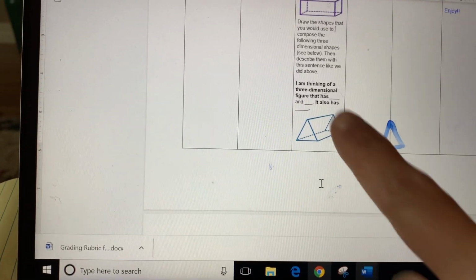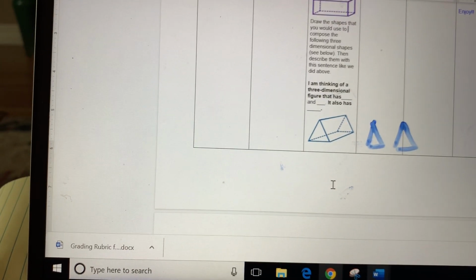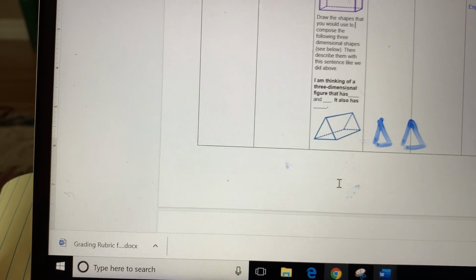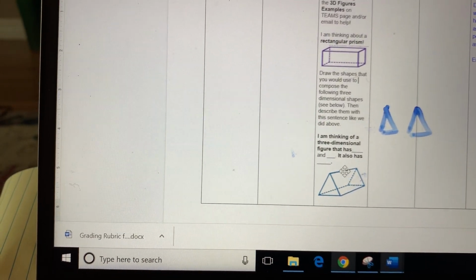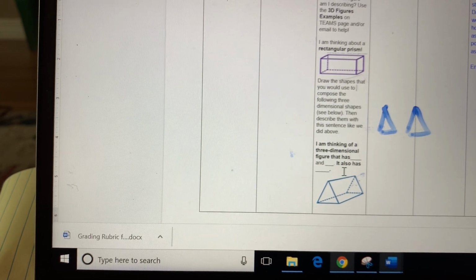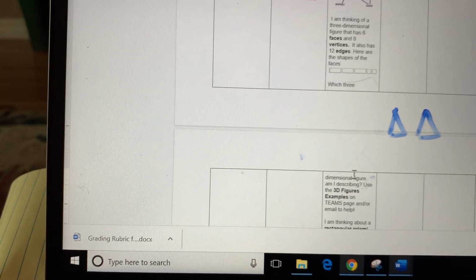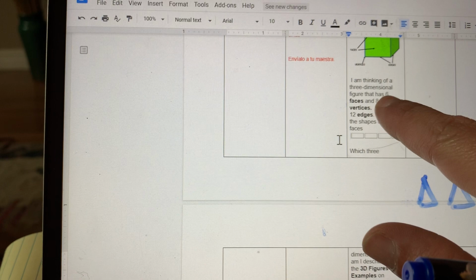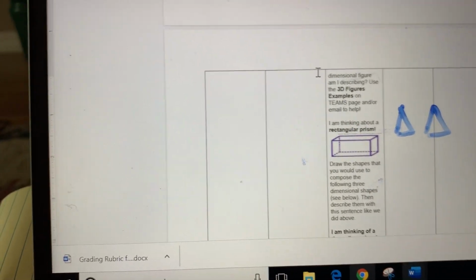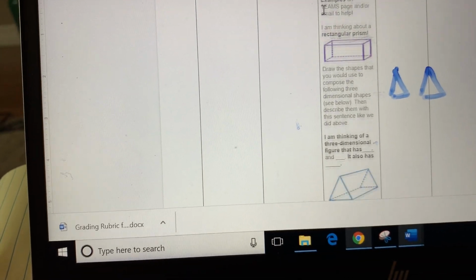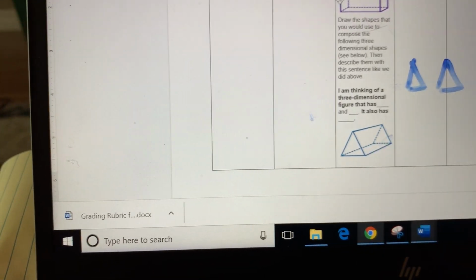Then I want you to finish with this sentence. I am thinking of a three-dimensional figure that has, do it like we did up at the top. It has 6 faces. That was for the prism. But for this new shape, how many faces does this have?